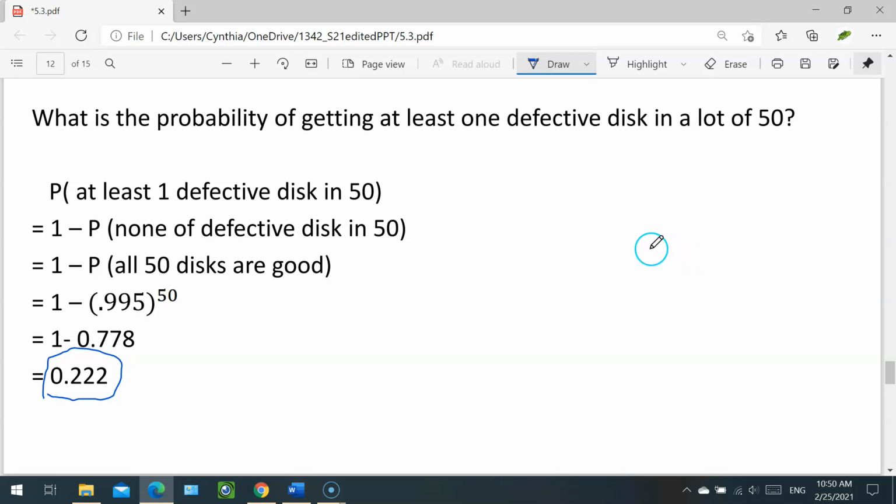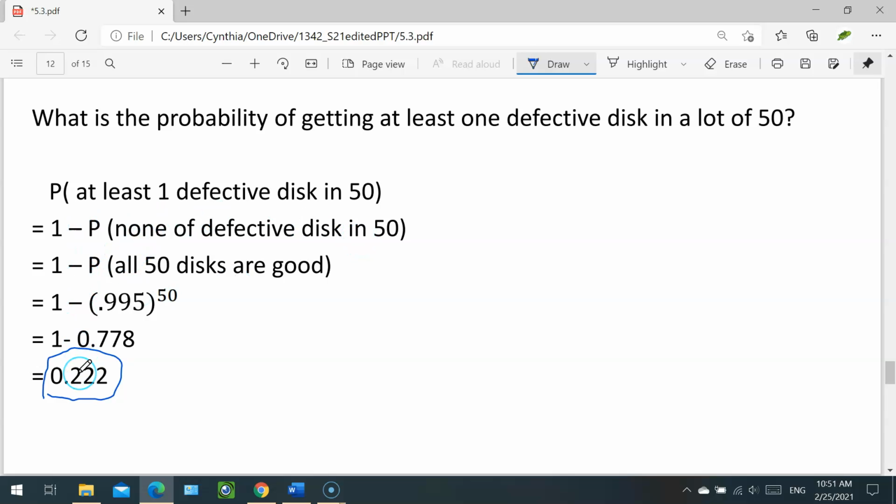I hope that makes sense to you. So here you simply need to remember the formula for finding the at least one probability: we use the 1 minus the probability of none.